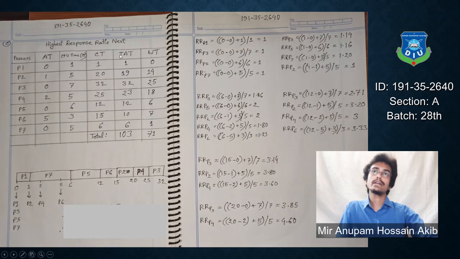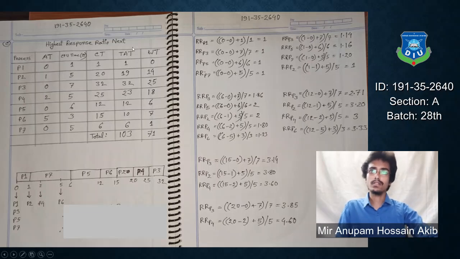Then for the turnaround time, the formula is completion time minus arrival time. If we calculate for each process, the turnaround time for P1 is 1, for P2 is 19, for P3 is 32, for P4 is 23, for P5 is 12, for P6 is 10, as 15 minus 5 is 10, and for P7 is 6.